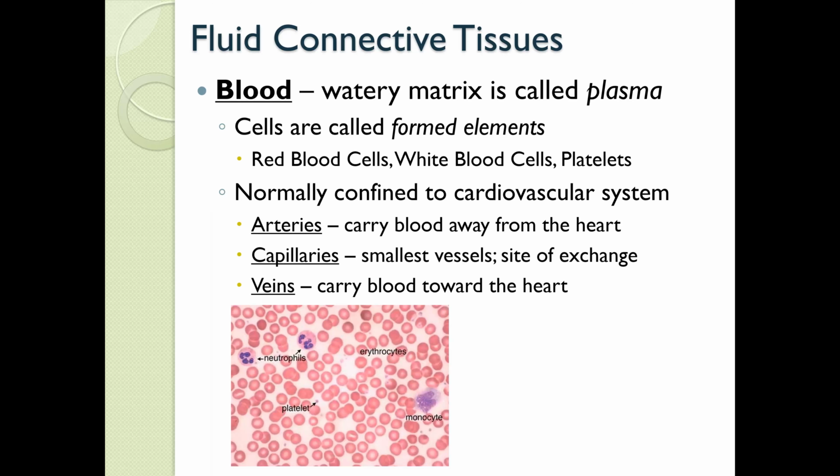Capillaries are the smallest vessels, and this is where you have the site of exchange of nutrients, gases, and waste between the blood and the tissues. And then veins carry blood back toward the heart. Blood functions to transport cells, specifically the formed elements, and also dissolved materials like nutrients, gases like oxygen and carbon dioxide, and waste products.